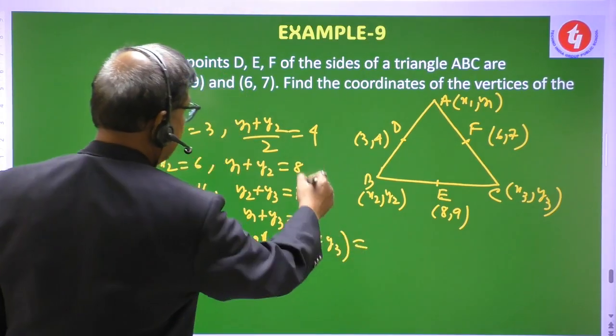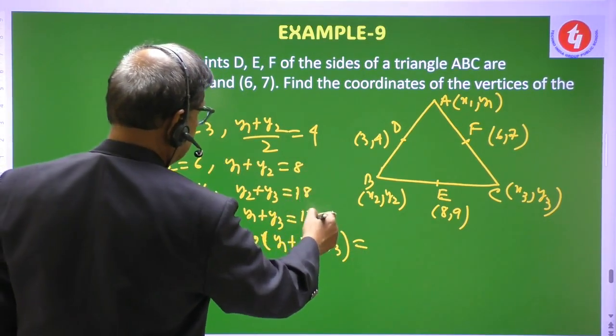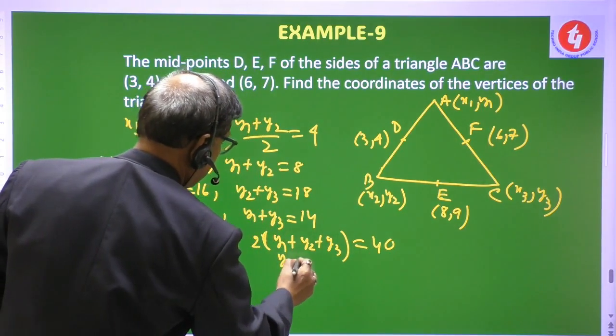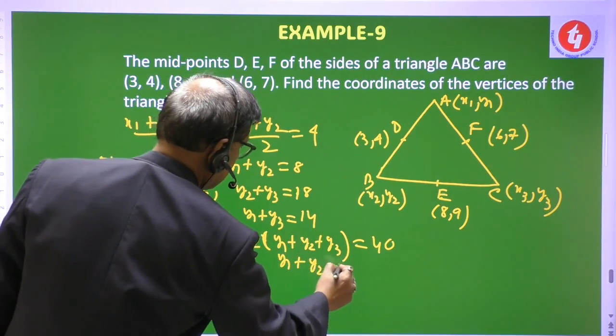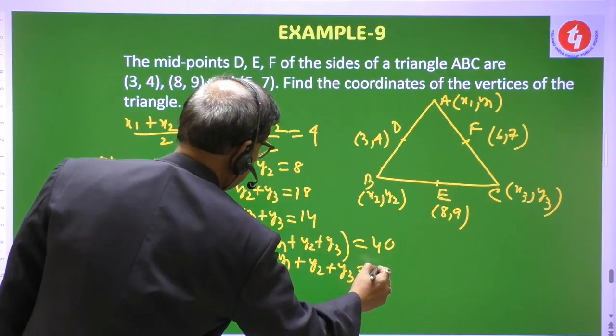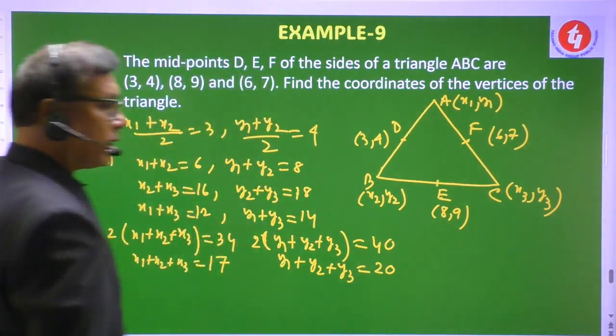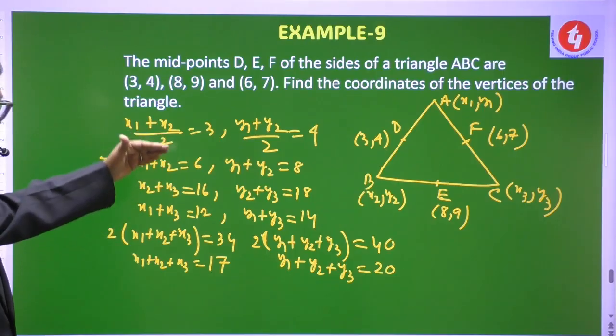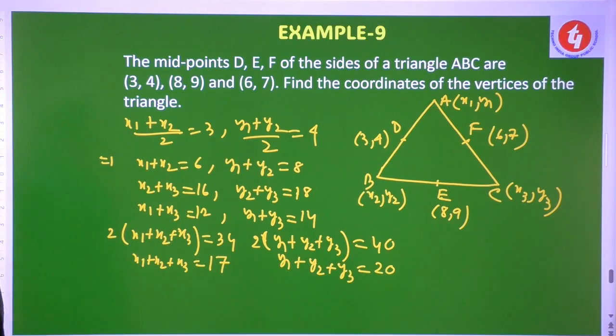How much? Adding here 26, that means 40. So y1 plus y2 plus y3 coming 20. Now from this equation, if I subtract 1 by 1 all these results, we'll get x1, x2, x3.